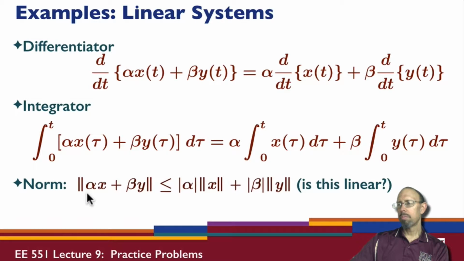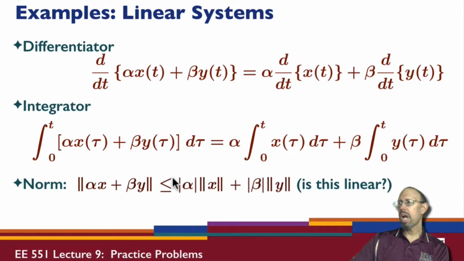What about a norm? A norm needs to satisfy what is called the triangle inequality. And so the question is, is this linear? Well, I can see that here I have alpha, and here I have the absolute value of alpha. This is not alpha. In fact, it may be negative alpha, depending on whether alpha is positive or negative.